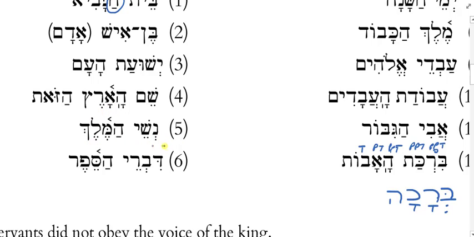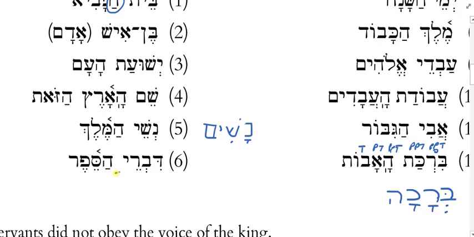Nesheh HaMelech. Nesheh is the construct of what plural form? Nashim, right? See how it went Canadian on us? So the women, or the wives of Hamelech, the king. Clearly, this is referring to Solomon, isn't it?